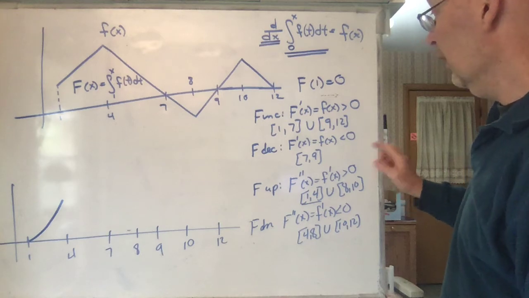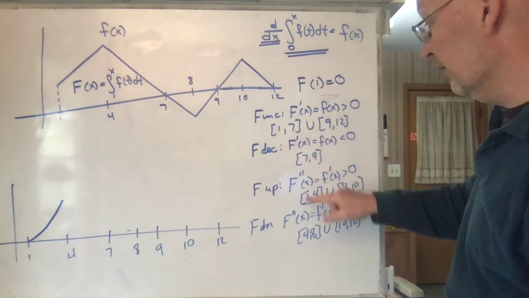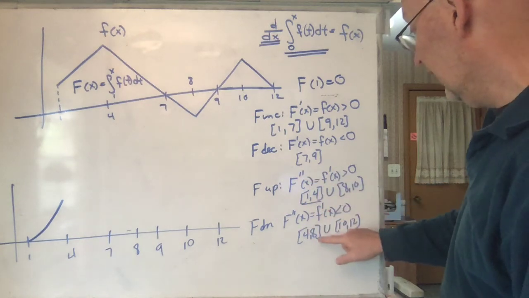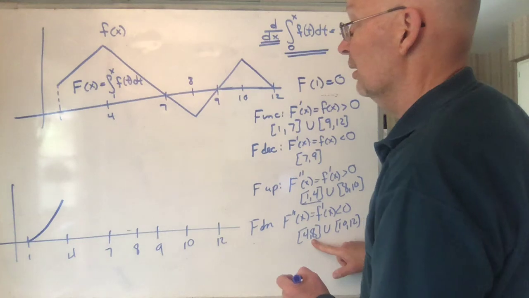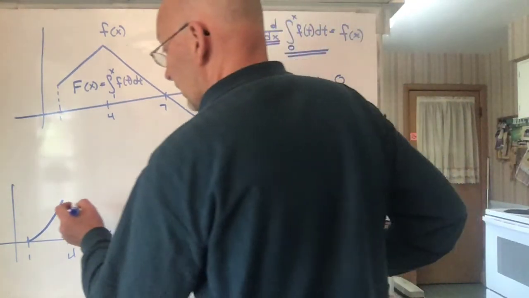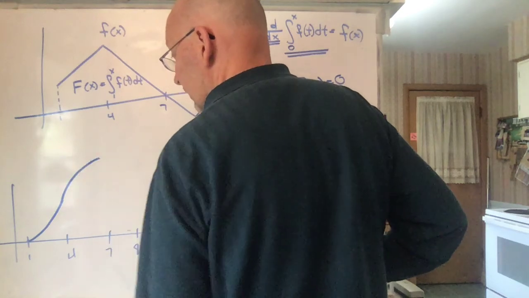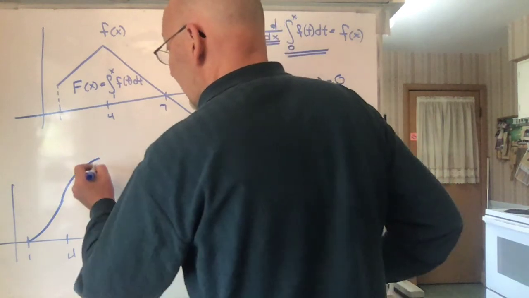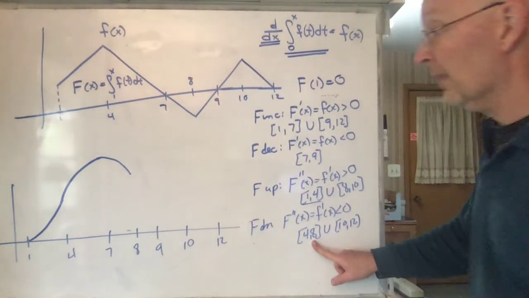Once you pass 4, it's still increasing until you get to 7, but now it's concave down until I get to 8. It's still concave down, but now decreasing until I get to 8.